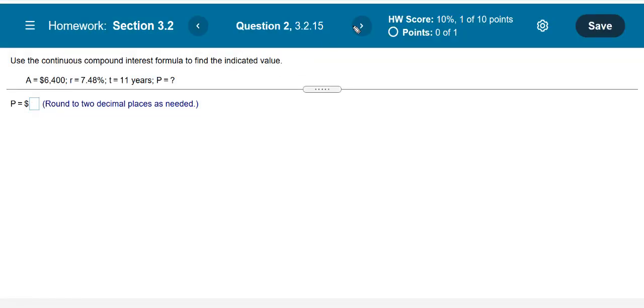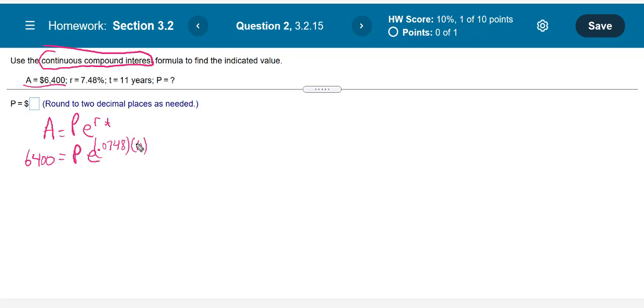In problem number 2, we are again using the continuous compound interest formula. This time we'll be using the value for A and solving for the P. Now I want to show you about using your calculator for this.